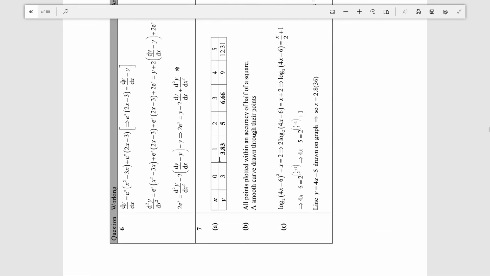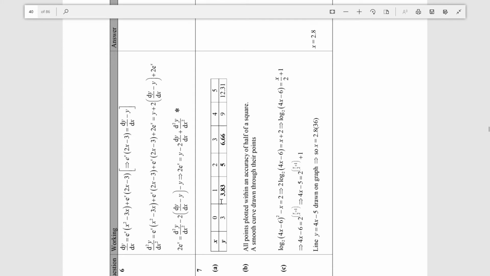The values of y that we've gotten for x is 1, 2, and 3 were still correct. So 3.83, 5, 6.66. Alright, so all points plotted within an accuracy of half a square. You should make sure that this is the case. This is like a checklist for you.